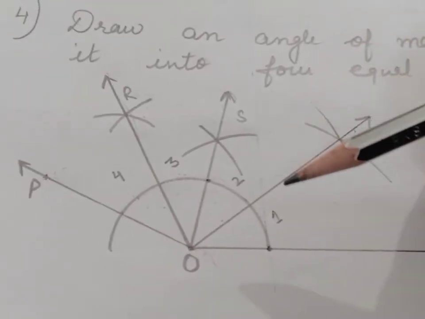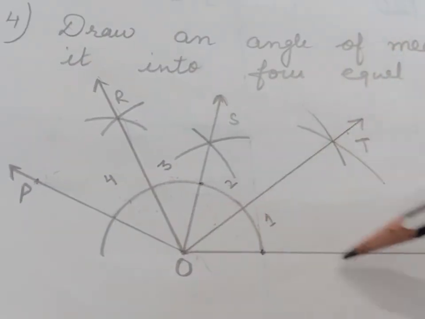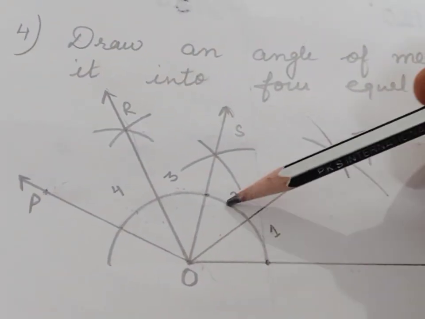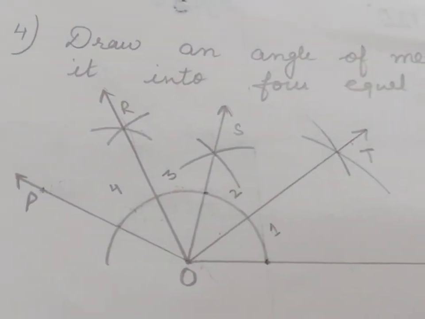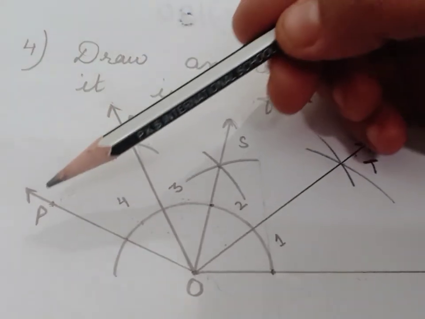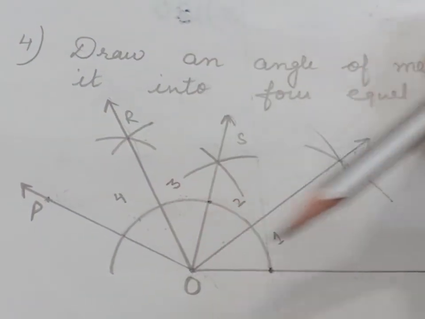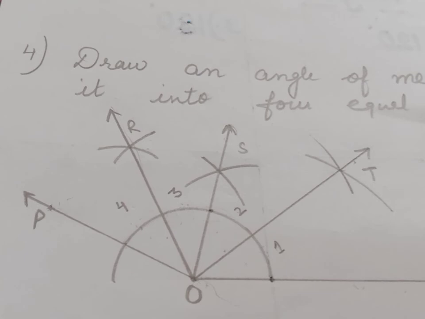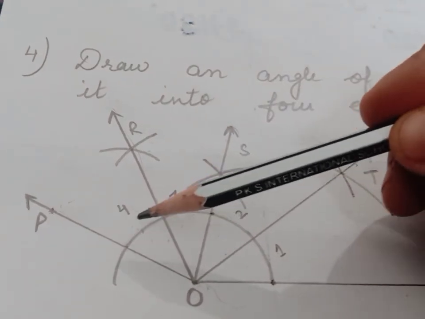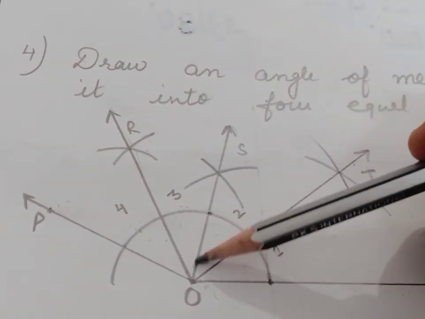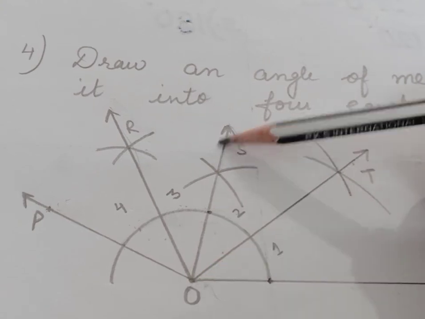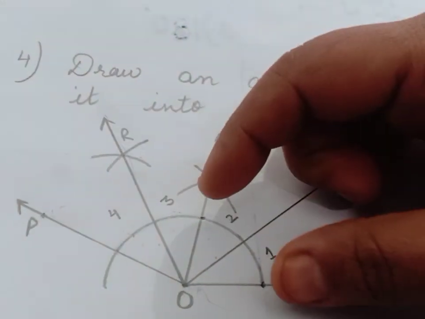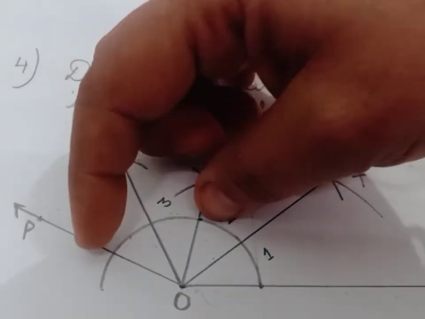Now students, you can see this angle POQ is divided into 4 equal parts, 1, 2, 3 and 4. So what I have done in this question, I am repeating. First of all, I have drawn this angle POQ of 153 degree. Then I have done angle bisection of POQ. This is the angle bisector, ray OS. Then I got here 2 equal parts, this part and this part.